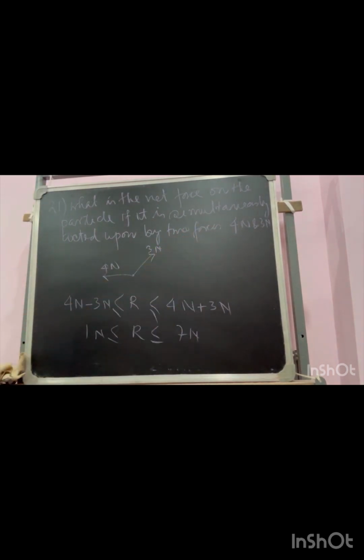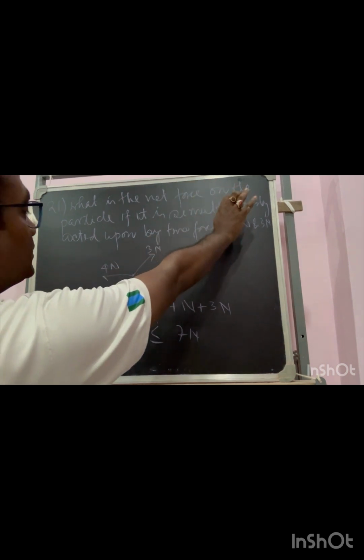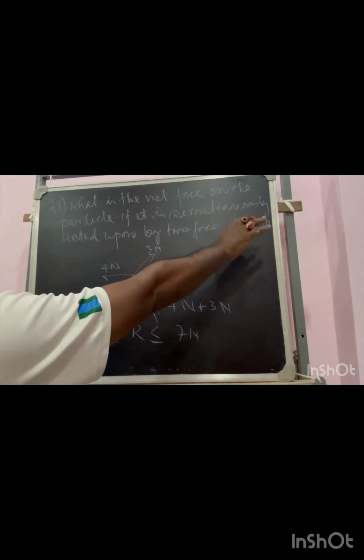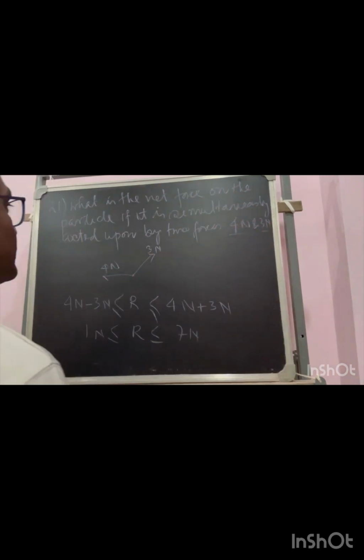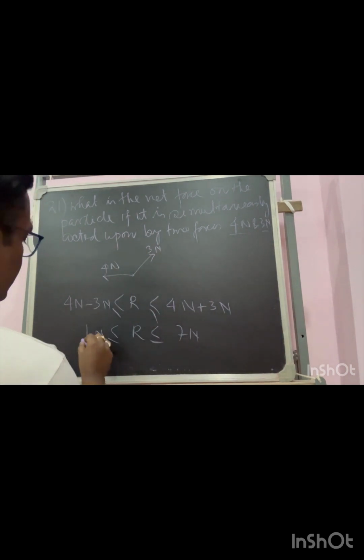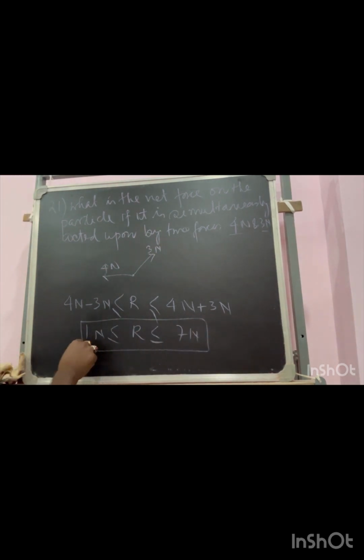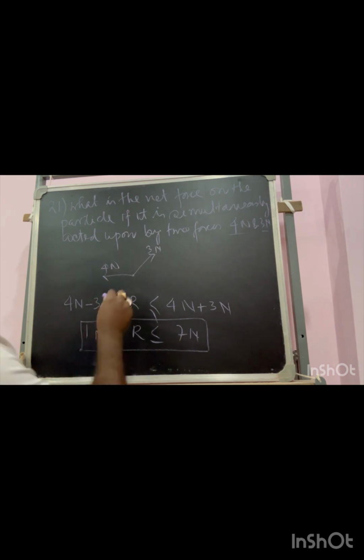So your answer should be, depending on the situation, that it may vary. But if no particular angle is given between the forces, they may be assumed to act in any direction, so the maximum and minimum value will be your answer. The range, whatever is possible for those forces acting upon a body, will be your answer.